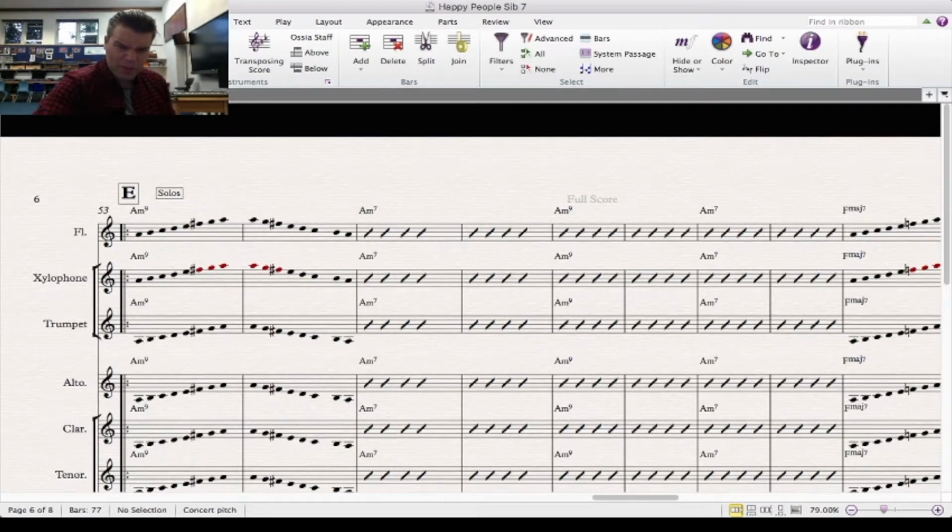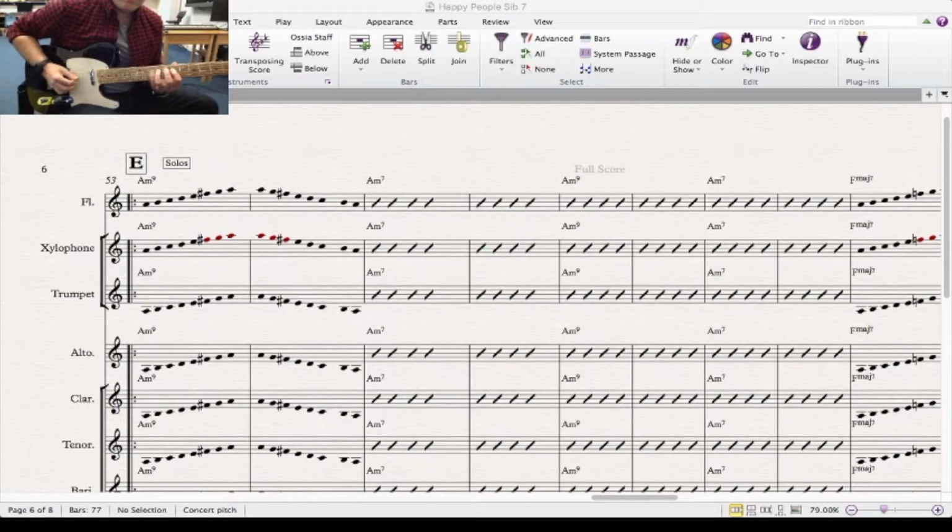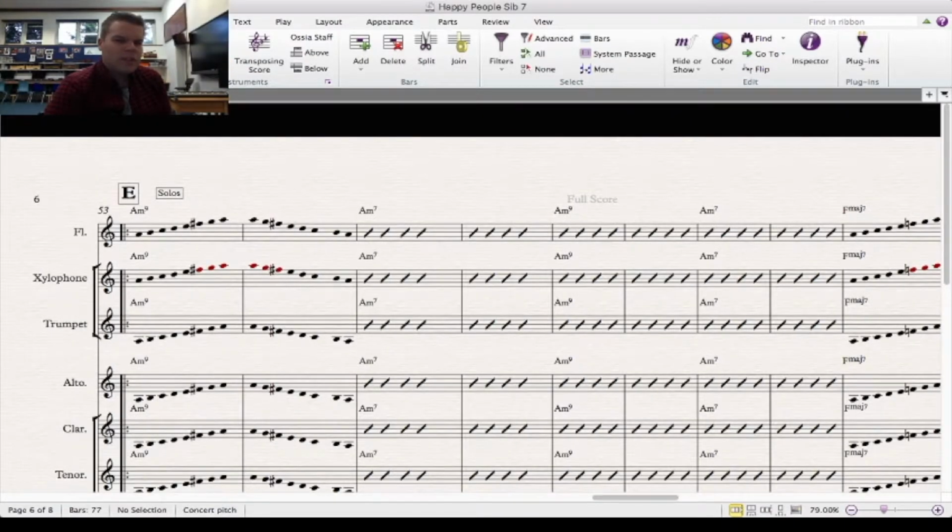So first of all, let's start with the scale. Now this one here is an A minor Dorian scale, and this is what it goes like. Dorian scale is the 2nd degree modal-wise of G major.